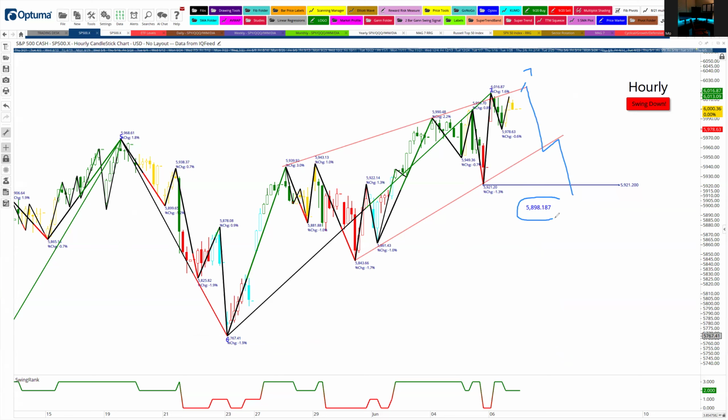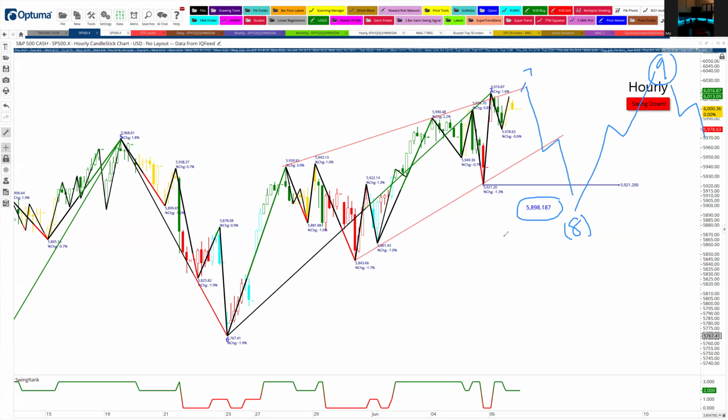Eventually it comes back down and that's going to be number 8. And then from there you're looking for number 9. The point is that as long as the price is making higher highs and higher lows, the swing count will keep going up and up. There's no limit for it.